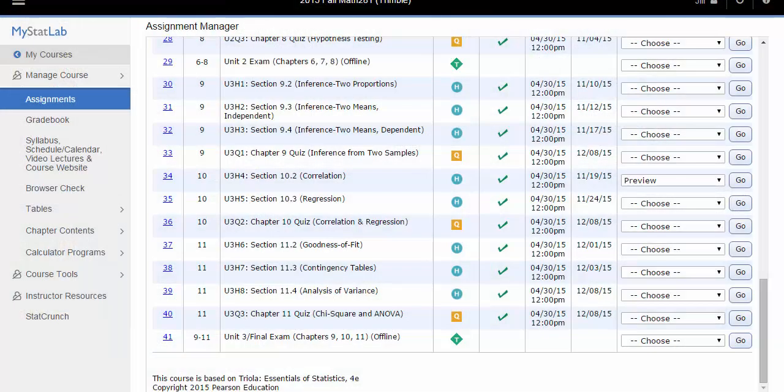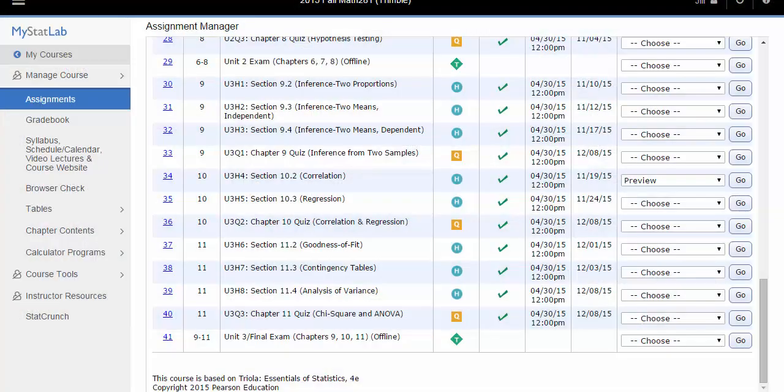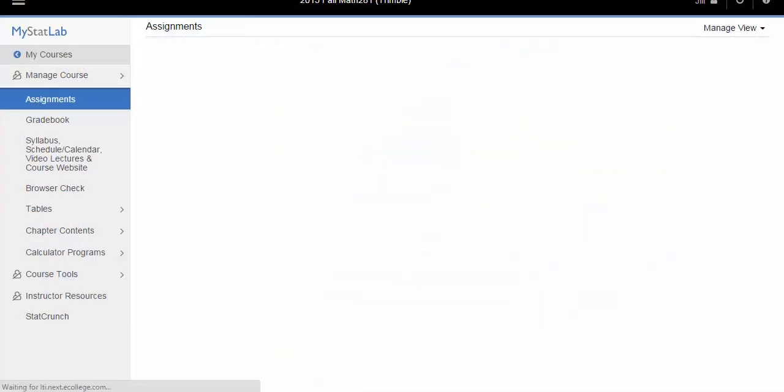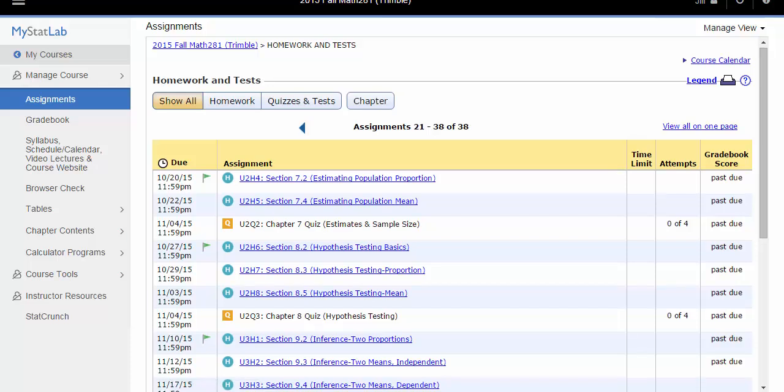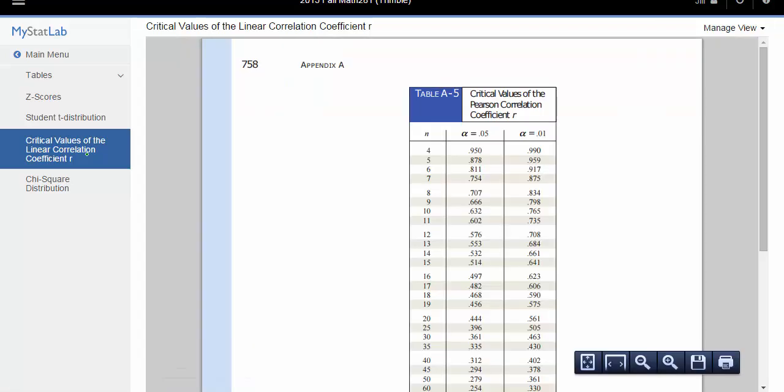Looks like I have too many windows open here. Okay, let's see if it'll let us do it now. Critical values for the linear correlation coefficient.